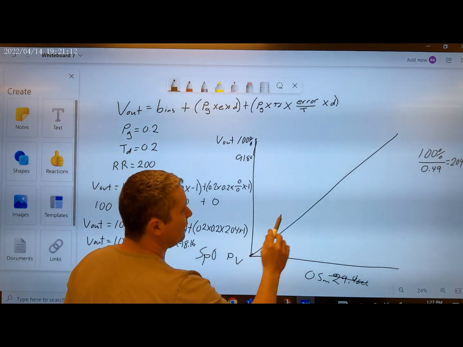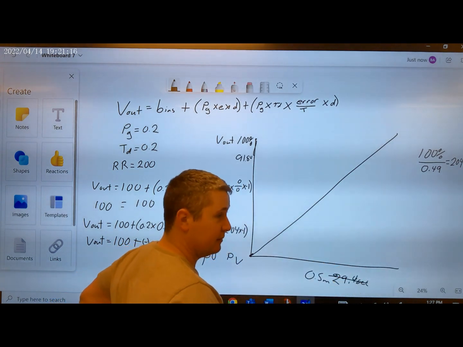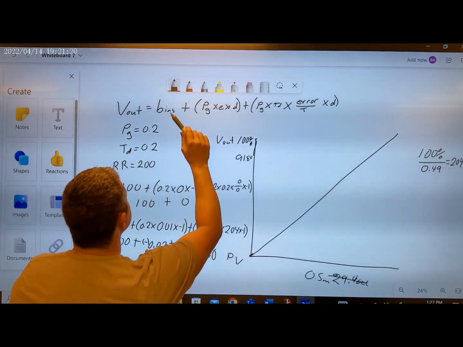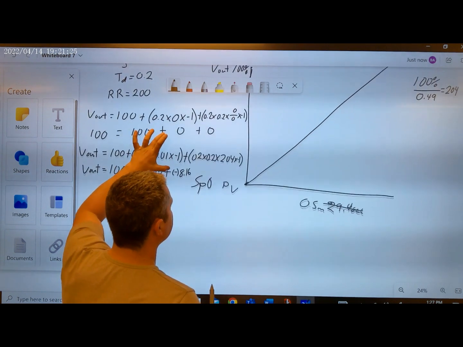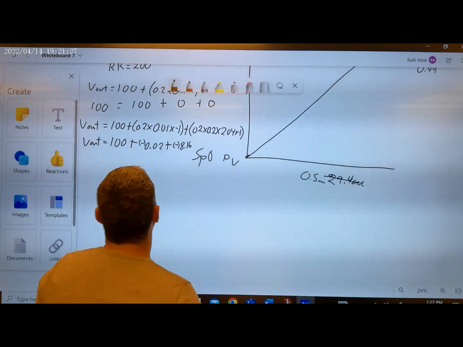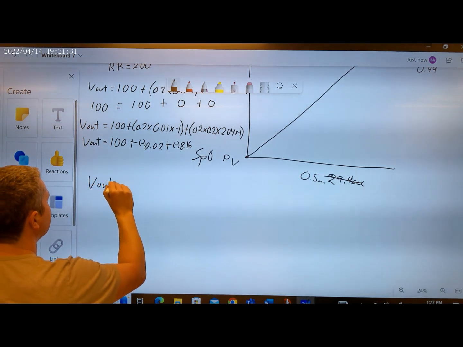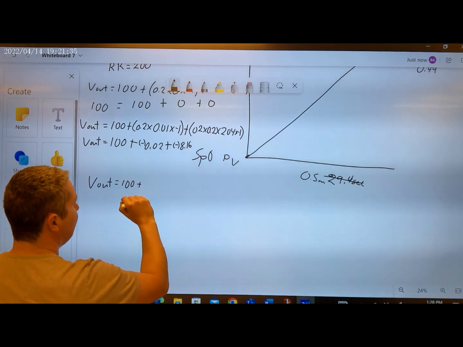Now, we're going to calculate out to see what it's going to be at 100%. Okay. What I need to do is go up. Okay. So V out equals 100 plus.